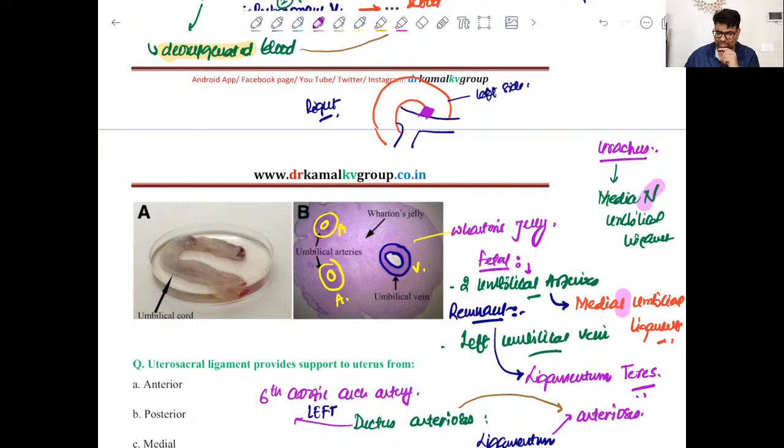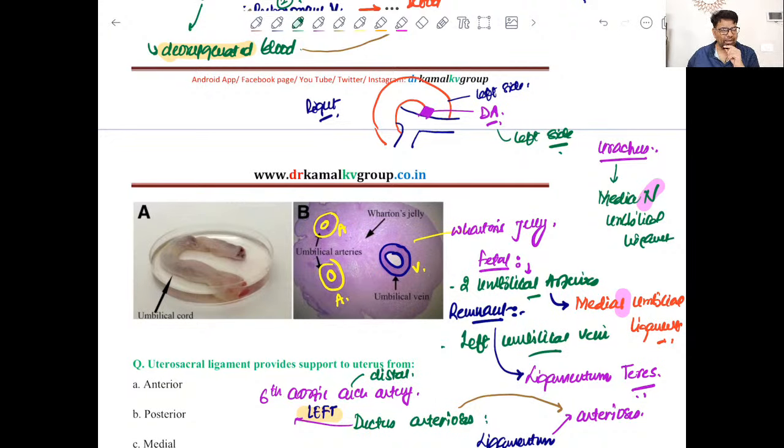So this is the ductus arteriosus, and this ductus arteriosus is seen more on the left side. Okay, so ductus arteriosus is more on the left side. Clear? And therefore you can correlate that since the ductus arteriosus is on the left side, it is a derivative of the left sided sixth aortic arch artery, and to be more specific, this is the distal part.